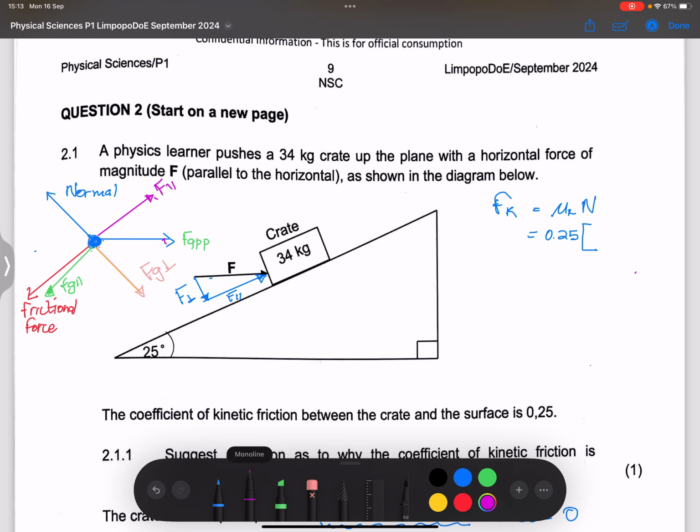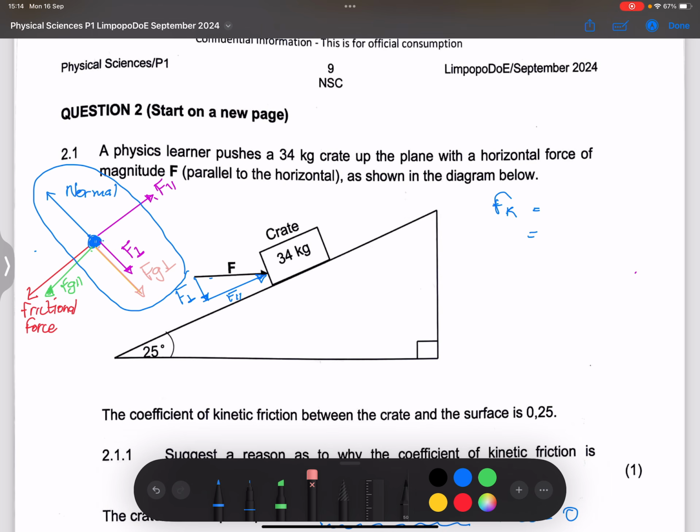But I am going to actually remove the applied force and substitute it with its components. So this is F perpendicular. Now I want you to note when we look at the perpendicular forces on this diagram, which ones are the perpendicular forces? It's going to be the normal force as well as Fg, the perpendicular component of gravity, as well as the perpendicular component of the force itself.